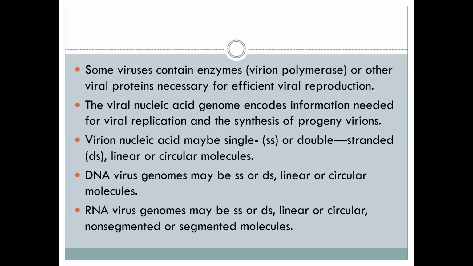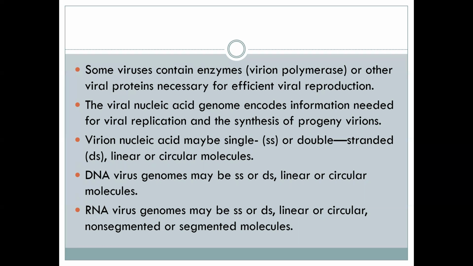Your DNA virus genomes may be single-stranded or double-stranded, linear or circular molecules. Your RNA virus genomes may be single-stranded as well, double-stranded, linear or circular, but may also be either segmented or non-segmented.